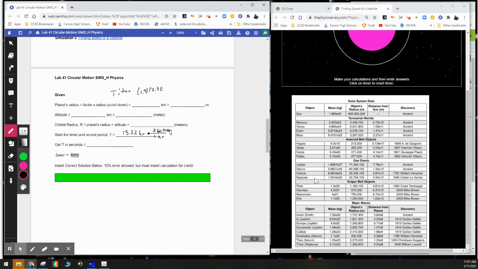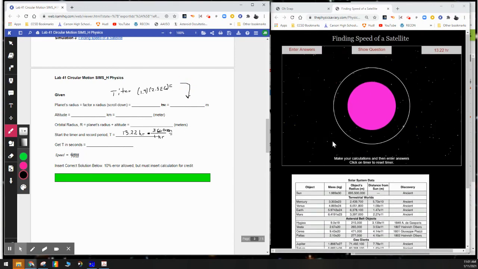Here's Titan, so 1, 2, 3, 4, 5, 6. So 2.5 E to the 6. That's what I would do here, and that's the planet's radius. I would do this calculation first. Now this is actually in meters, so we don't need to worry about this. So multiply this, and that should go right here.